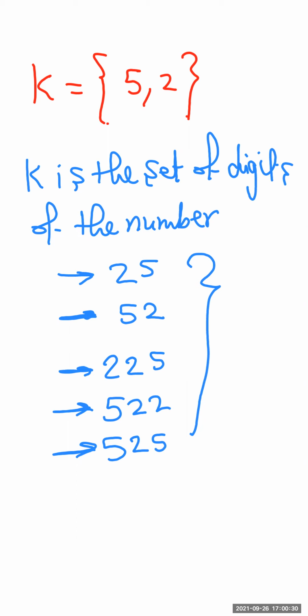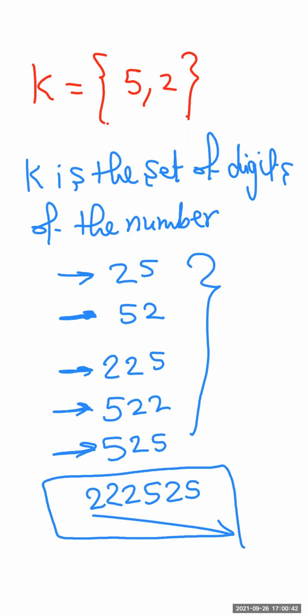We can write it like that: 2, 2, 2, 5, 2, 5. Also correct, because we write 2 only one time and 5 one time. So the set of elements of this number will be 5 and 2 only. Correct, guys? Because as we said before, never repeat an element. So all these answers are correct.